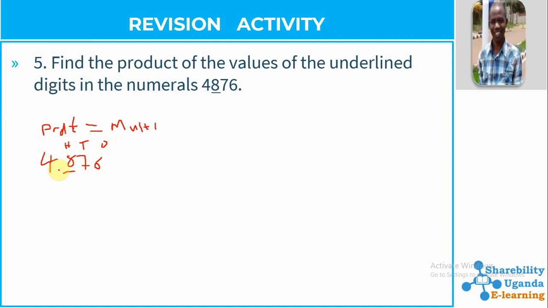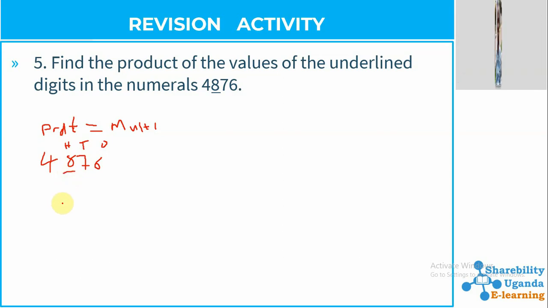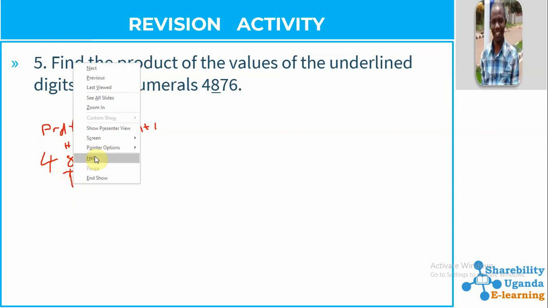So they want us to get the product of this. When they talk about product, we remember that means multiplication. So we shall get the value of 8, which is underlined.